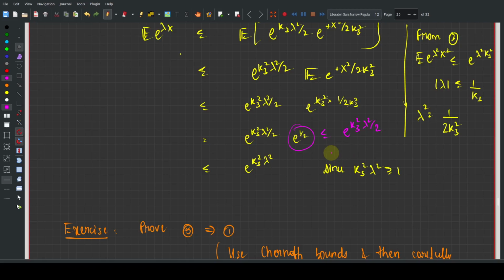Do you agree? Because I'm looking at the regime where k3 square lambda square is greater than or equal to 1. So I get e to the k3 square lambda square by 2 times e to the k3 square lambda square by 2, which is just e to the k3 square lambda square.